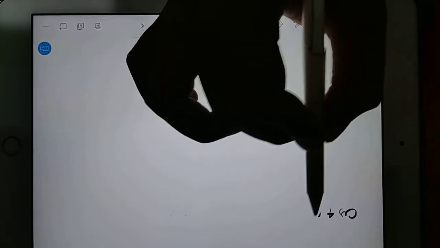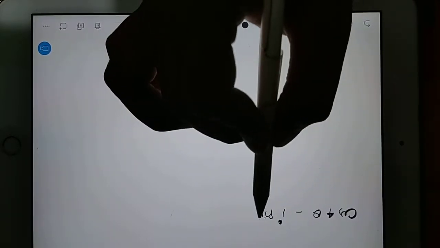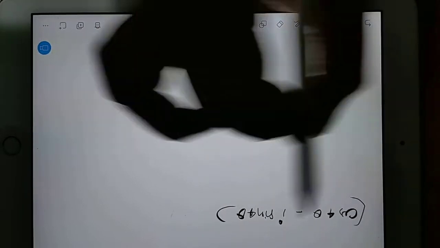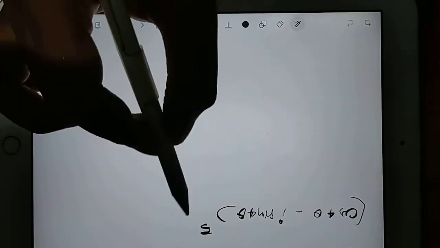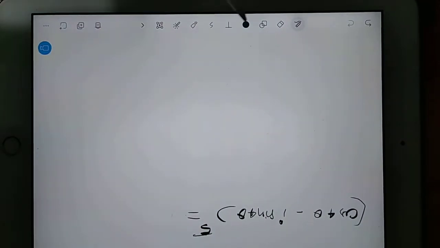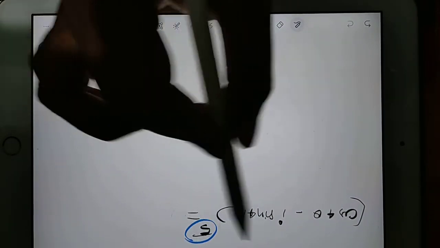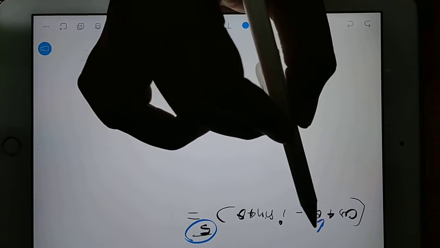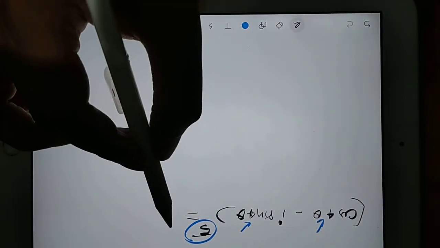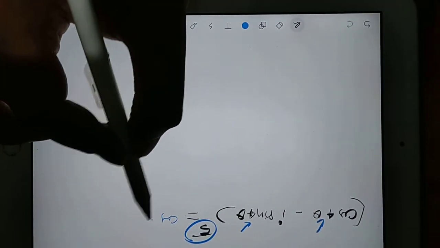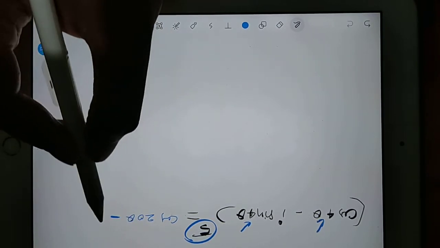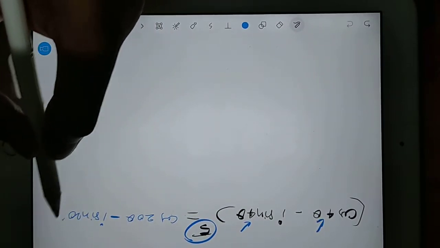The cos 4 theta minus i sin 4 theta whole power 5. The second bracket I'm discussing, whole power 5. This 5 I am going to multiply with this and with this. So this will be cos 20 theta and minus i sin 20 theta.